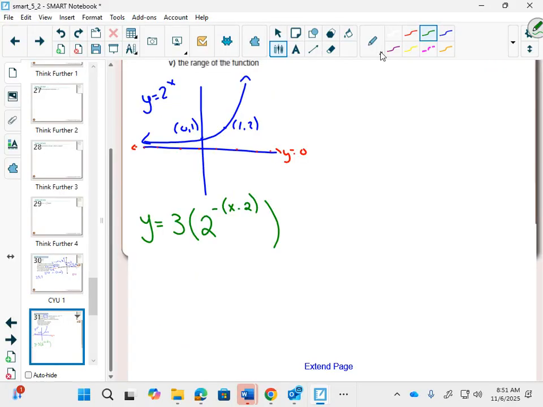Now, my parent function, I'm going to take out my highlighter here, my parent function is 2 to the x. This is also another reason we didn't do this in our first chapter, because our parent function has a number in it. Most of your other parent functions didn't have regular size numbers.